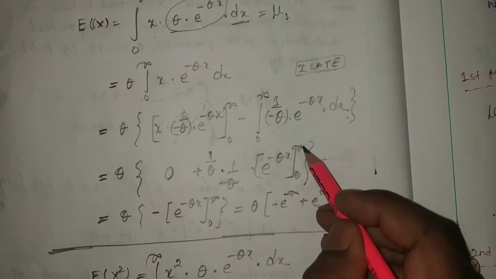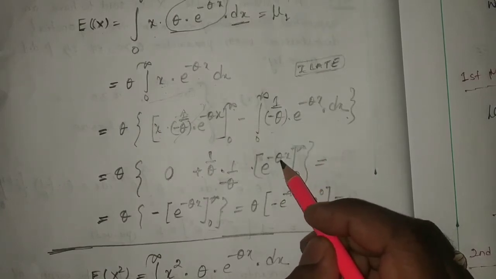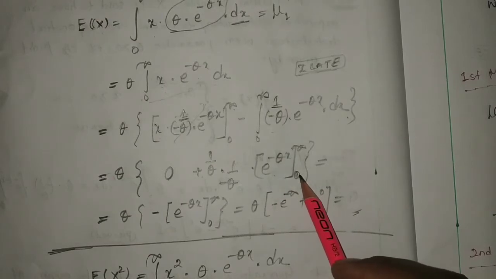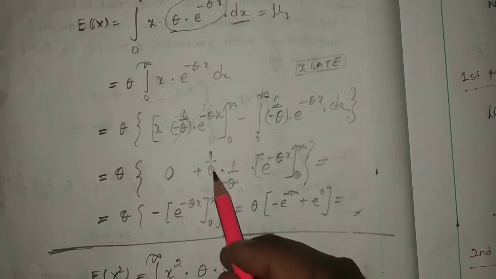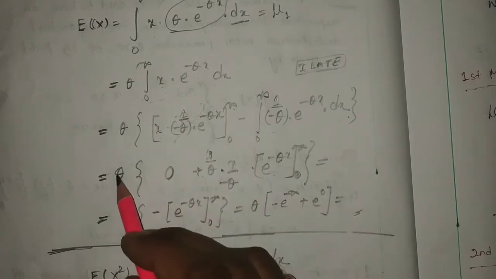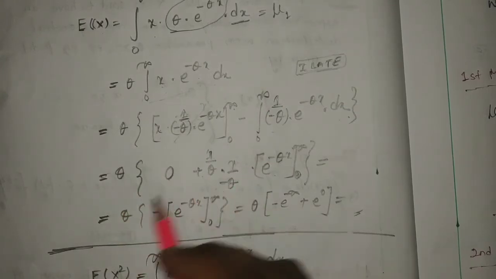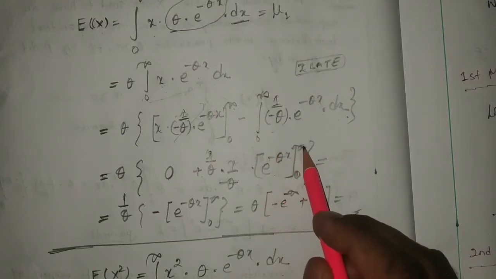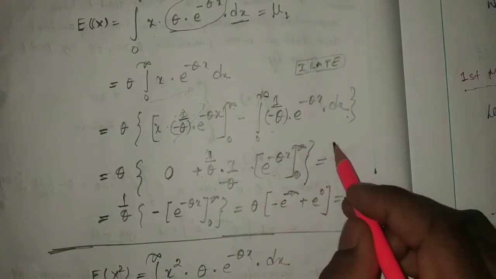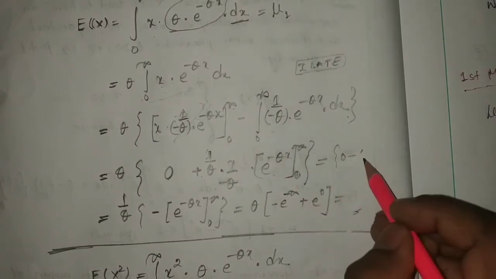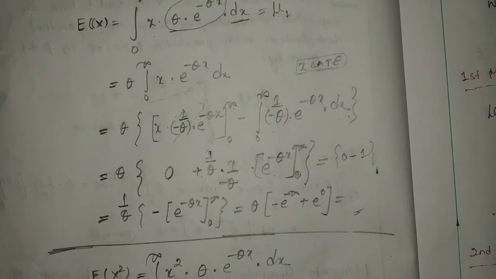You just put the limit infinity, this will be 0, then minus of e to the power 0 will be minus 1. So this is 1 by theta into 1 by theta, theta theta got cancelled, and we found 1 by theta. E to the power infinity will be 0 minus e to the power 0, and e to the power 0 will be 1.